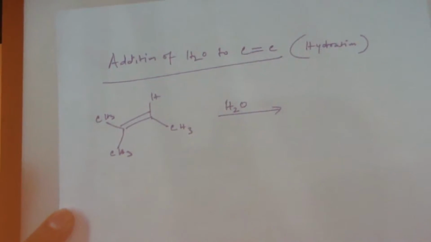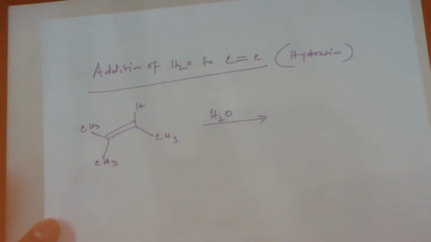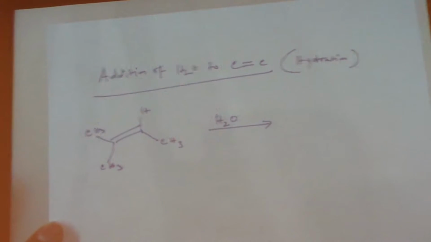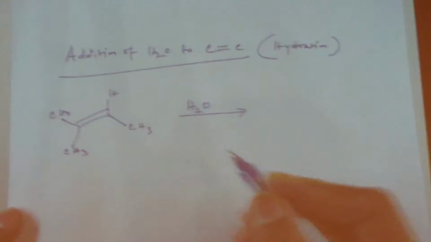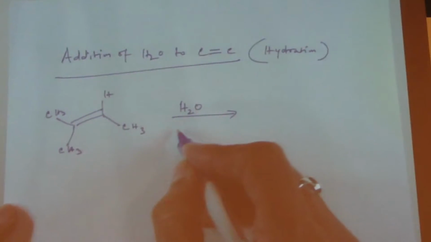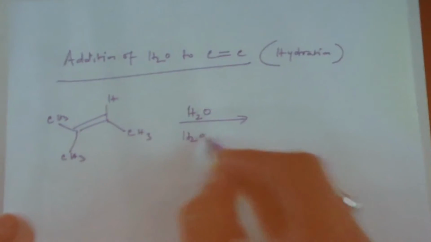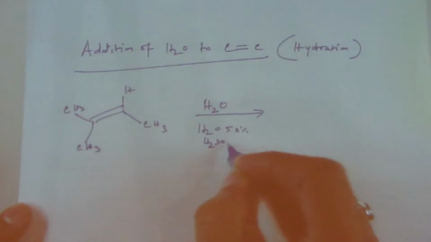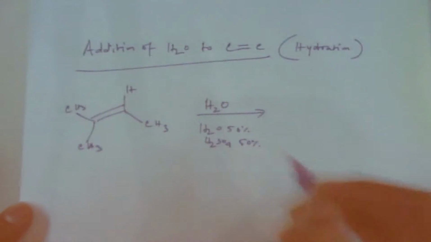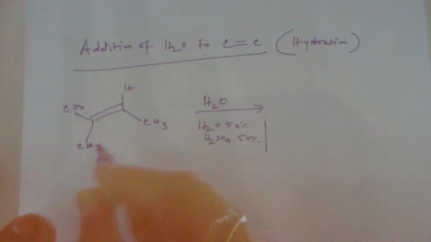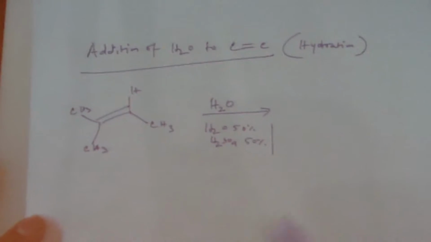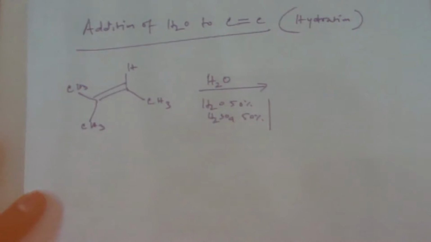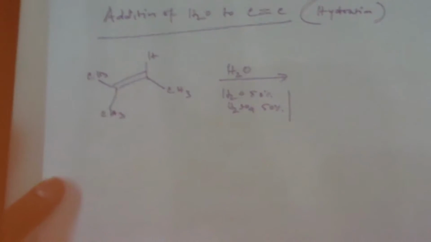Now, when you want to add water, typically the reagent that will be used is a 50% aqueous acid. Most commonly we use sulfuric acid, so it's H2O, 50% H2SO4. This mixture will add, again, through the same process, where predominantly the H would go to the carbon containing the maximum number of hydrogens.